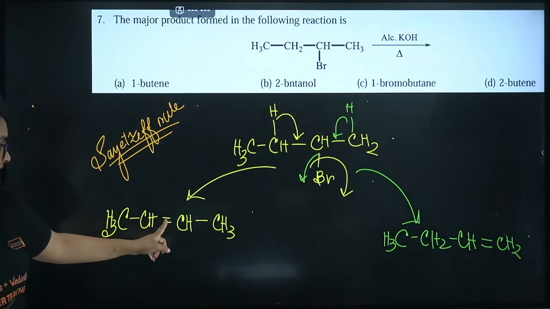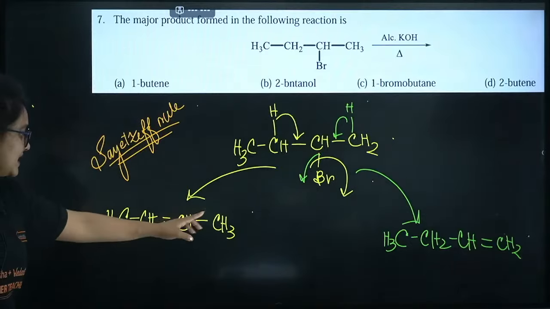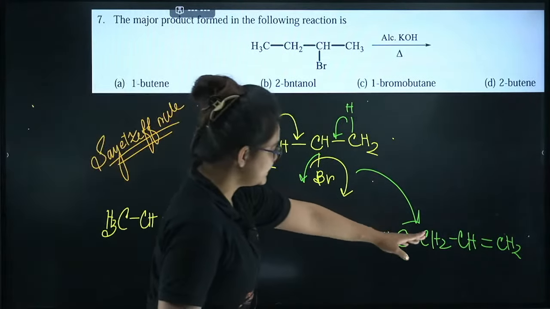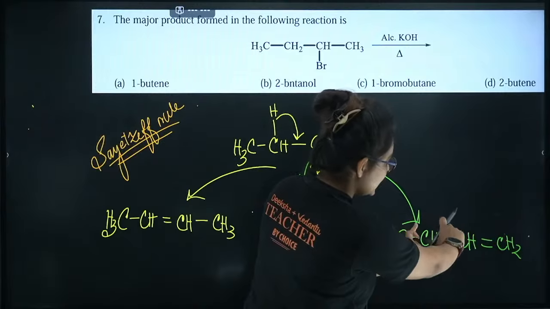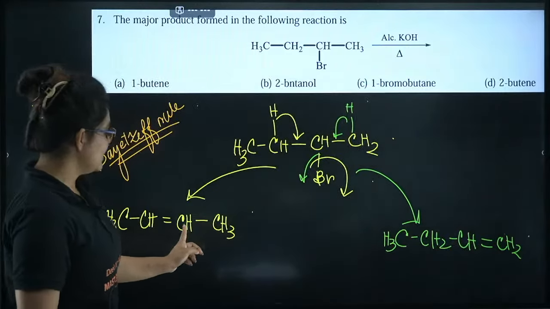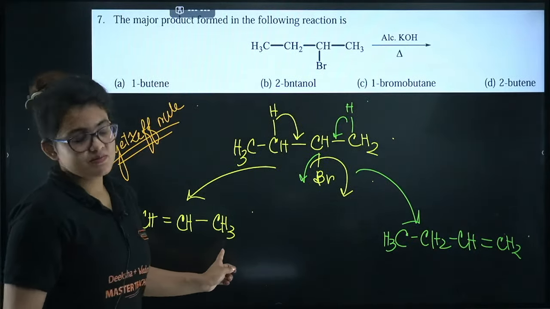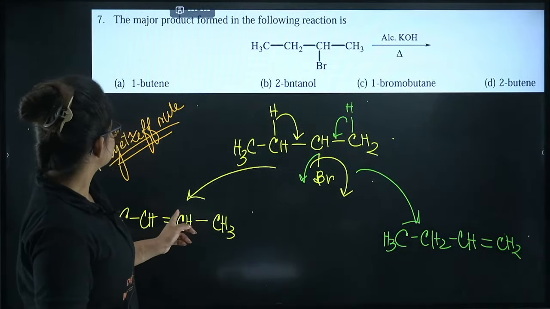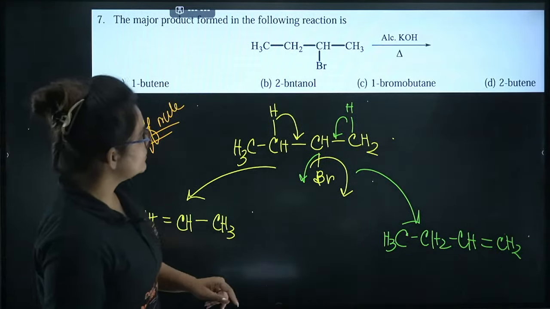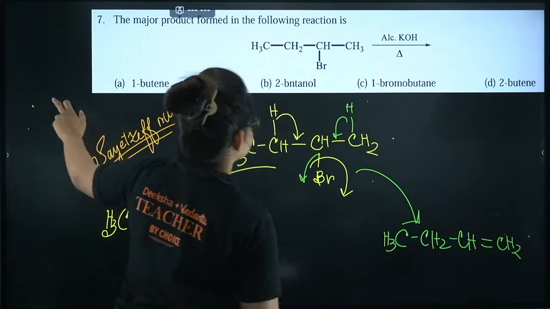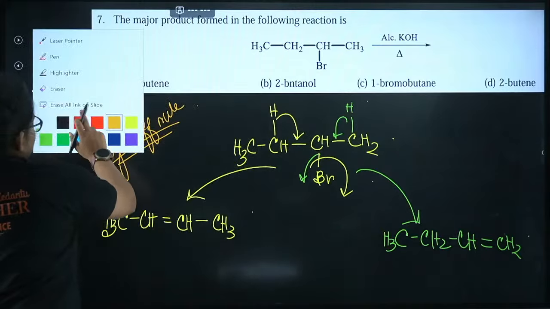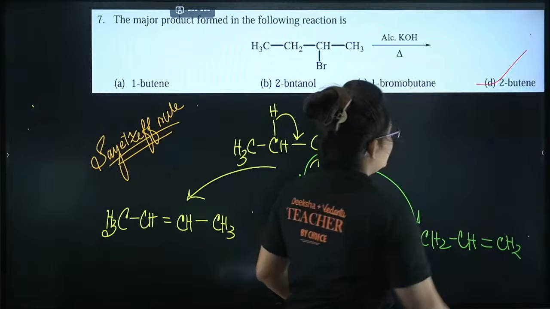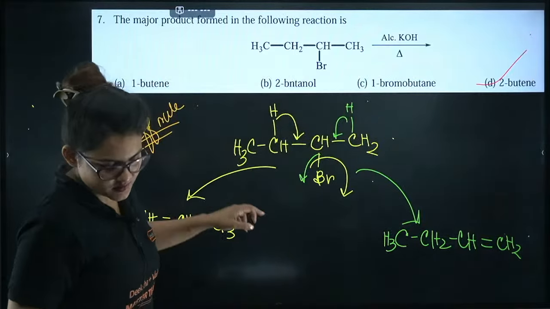If you just look at this particular alkene, it has two methyl substitutions, but if you look at this, it only has one ethyl group substitution. So this particular one is going to be the most stable one. So the answer is going to be 2-butene, right? Answer is going to be 2-butene. I guess it's clear to you. Let's proceed.